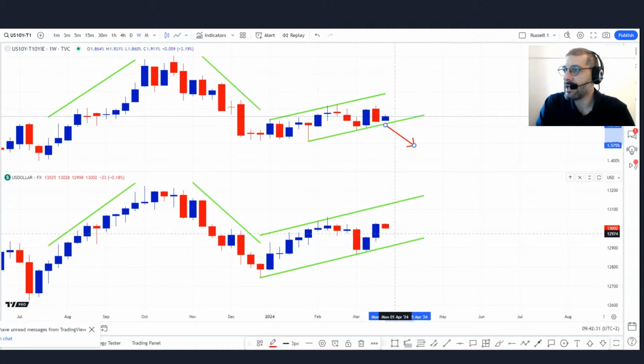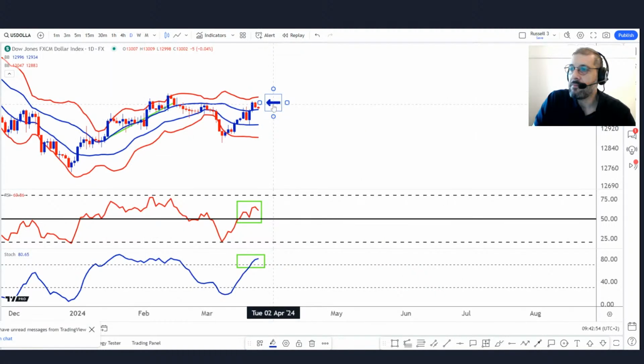It's quite interesting. Yesterday, if we take a look at the daily chart on the US dollar, okay, I'm just sharing the tab now. It's in zone one.